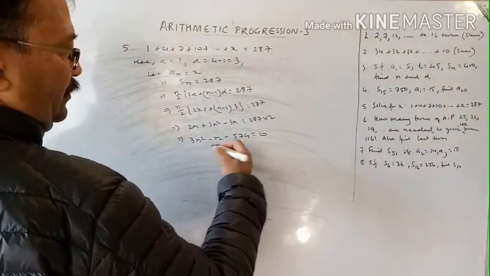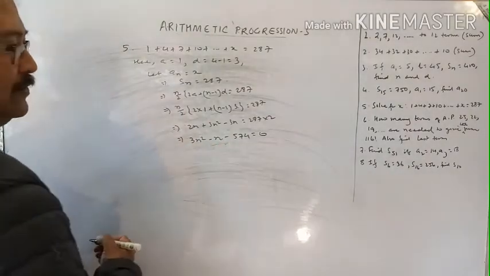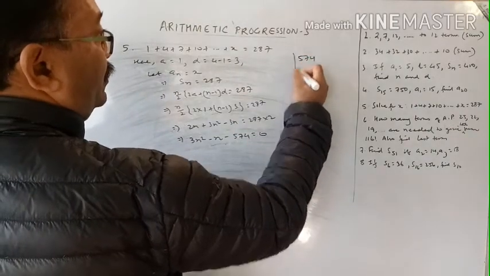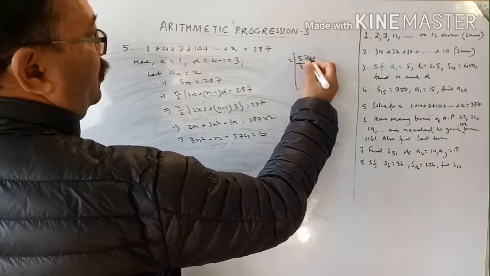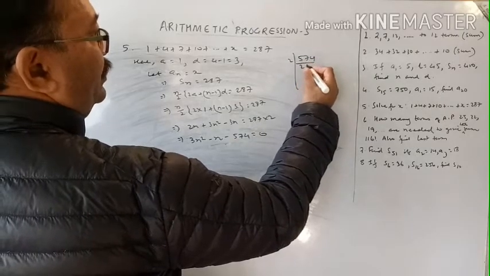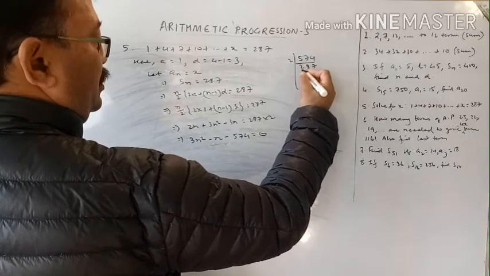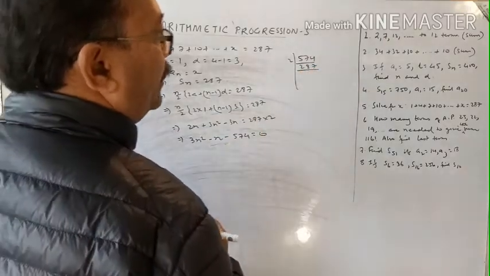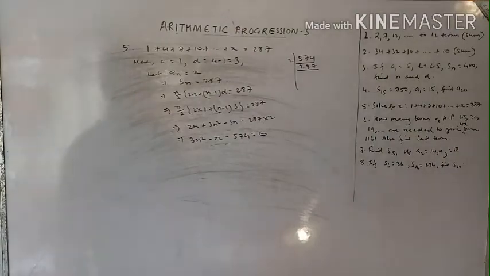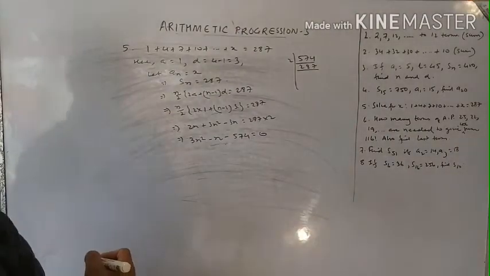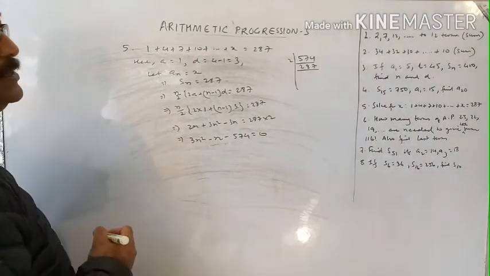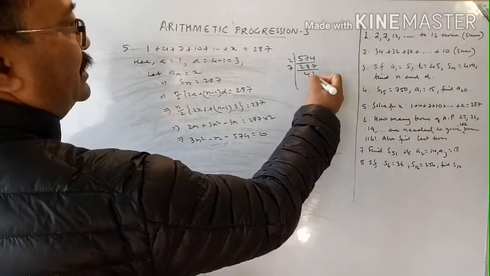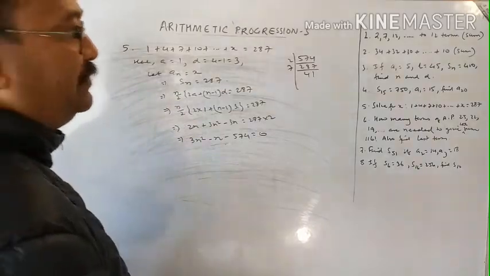Okay, so now the product here, we can factorize and find the value of n. Let's factorize 574. So 2 will go, 2 2s are 4, 17, 2 8s are 16, 2 7s are 14. Now 3 cannot divide, 7 can divide, 7 4s are 28, 7 1s are 7.